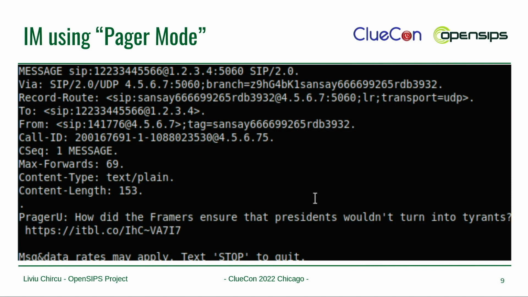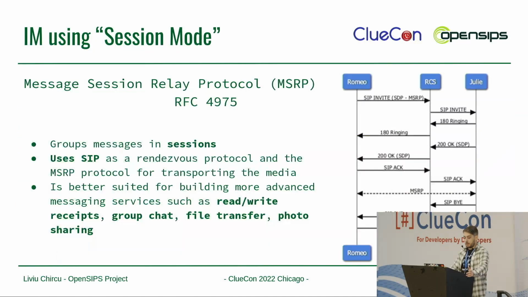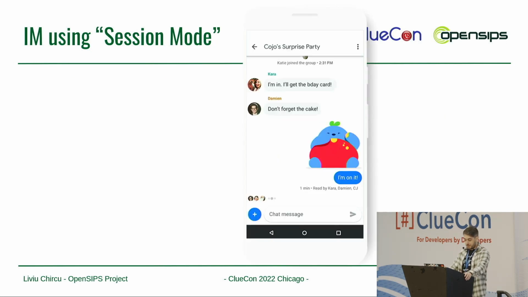That's what we had. But with RCS, there is a need for more. There is a need to establish a session that enables more sophisticated services, such as read or write receipts.